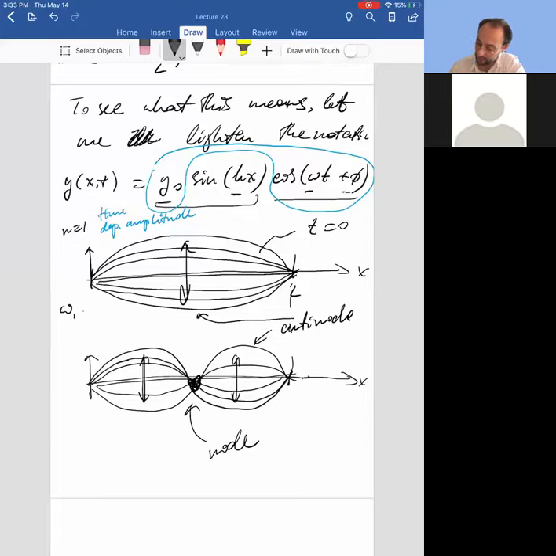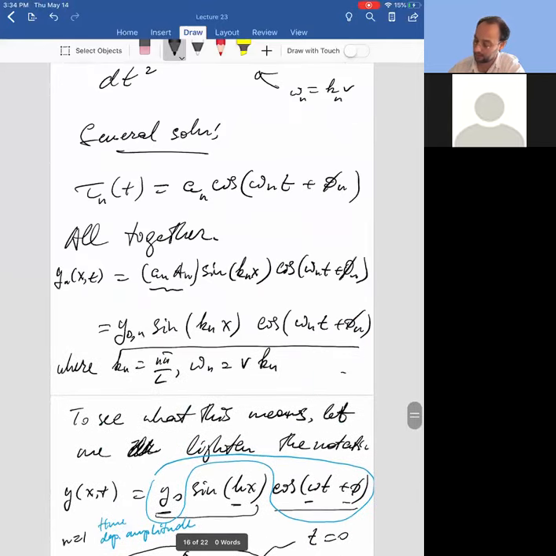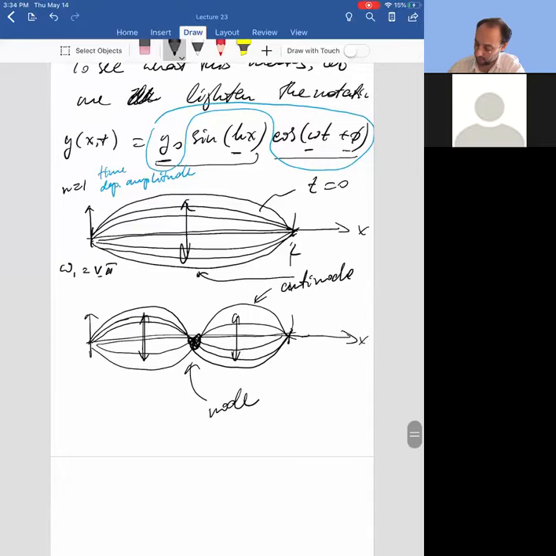So for example, the angular frequency of this is V times K sub n, which is n pi over L. So this is V pi over L, and the angular frequency of n equals 2 is twice that, 2V pi over L. You can probably guess where this is going.